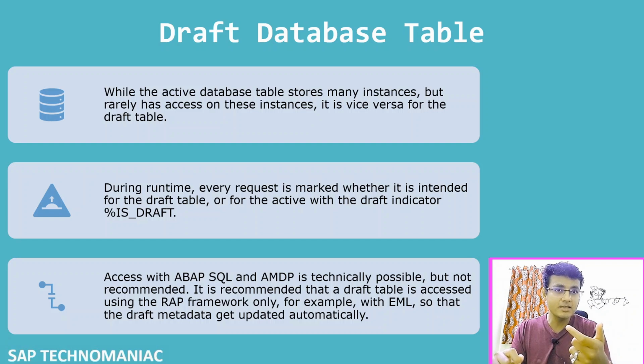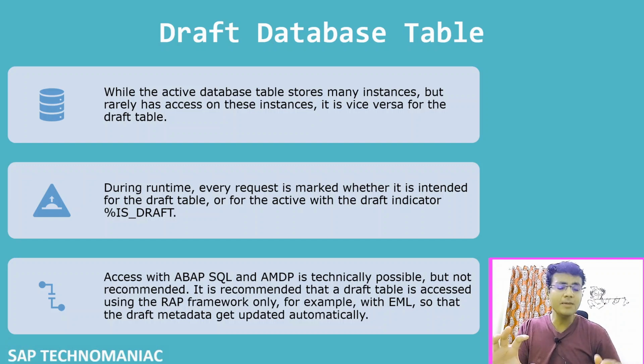This should be flagged as X, or it should be MK on, and only then will you modify the draft table. If this flag is not set and you are using any EML statement on any entity, then it will work on the active table. As soon as you set this draft indicator, it will work on the draft table.